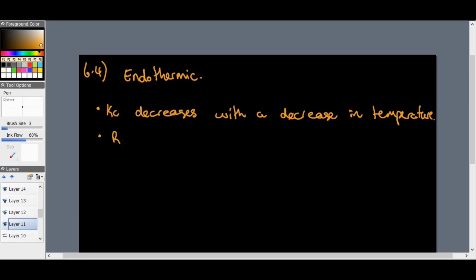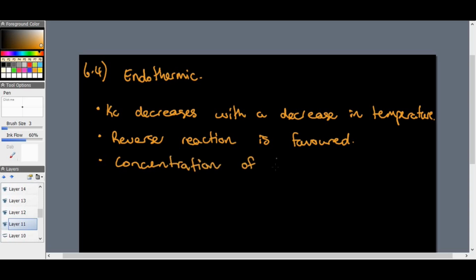Now, if that is the case, then the reverse reaction would be favored. The concentration of the products decreases if this is the case. So when there's a decrease in the temperature, the Kc value decreases, the reverse reaction would be favored, and the concentration of the products therefore would decrease.